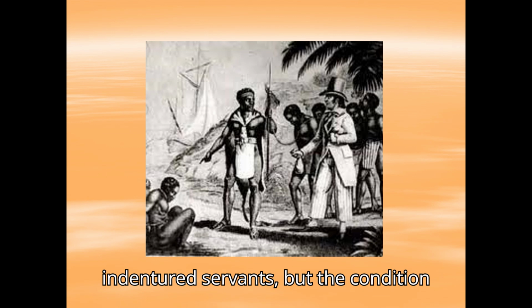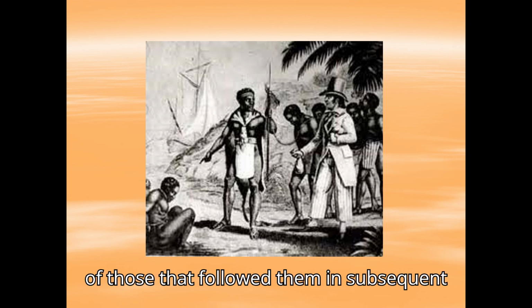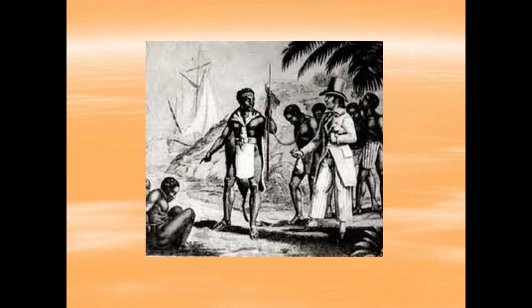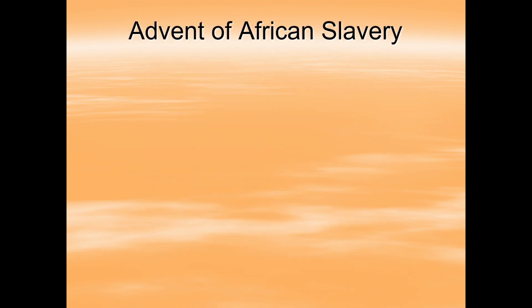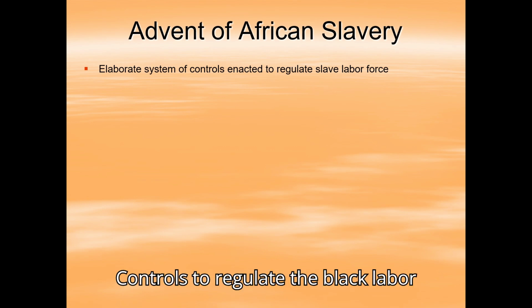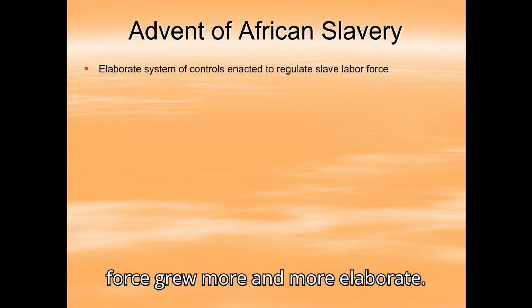But the condition of those that followed them in subsequent decades came to be more and more defined and hardened as the 1600s wore on. As the 1600s wore on, controls to regulate the black labor force grew more and more elaborate.